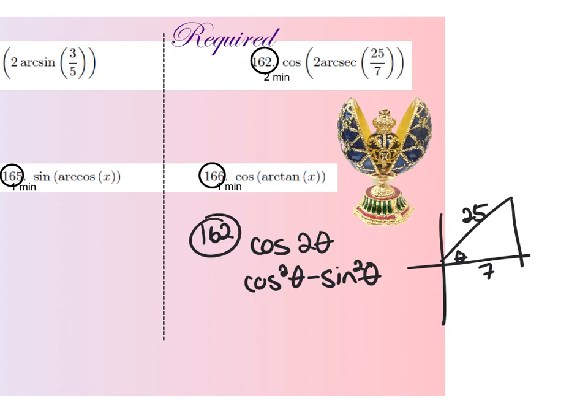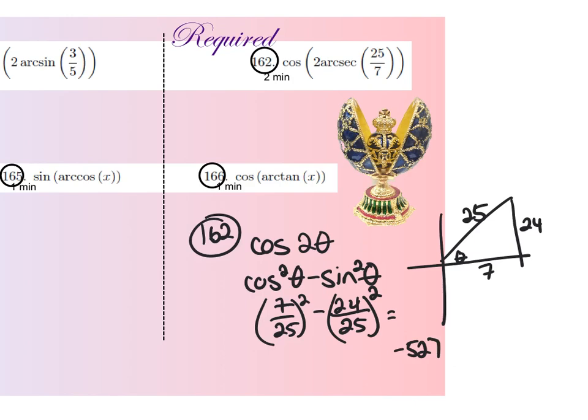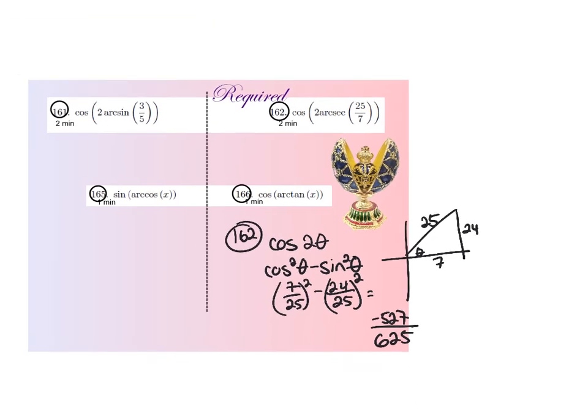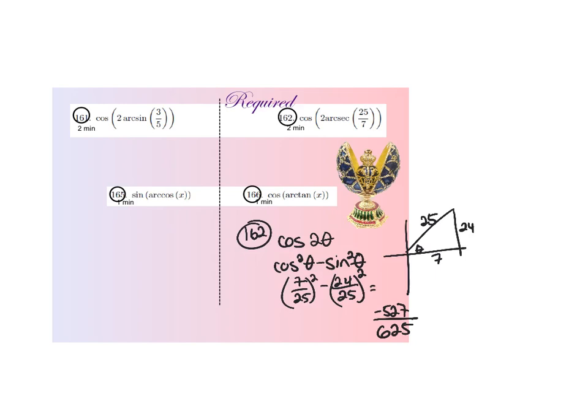This is a Pythagorean triplet. If you didn't know that, that's fine. You could use your calculator, but this is a 7, 24, 25 triangle, which means that cosine of that theta is going to be adjacent over hypotenuse squared, of course, and then sine is going to be 24 over 25 squared, and I'll save you the calculator strokes. I did this earlier, and I think you get that. Okay, so that's 162. Give a couple of those a whirl.